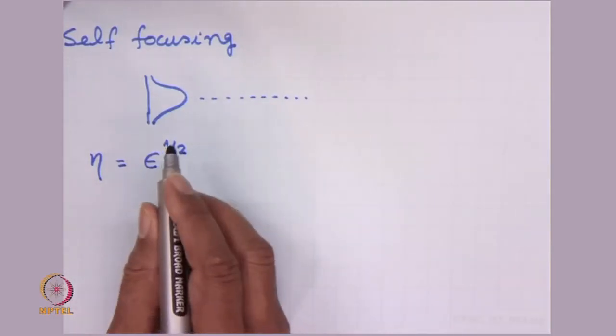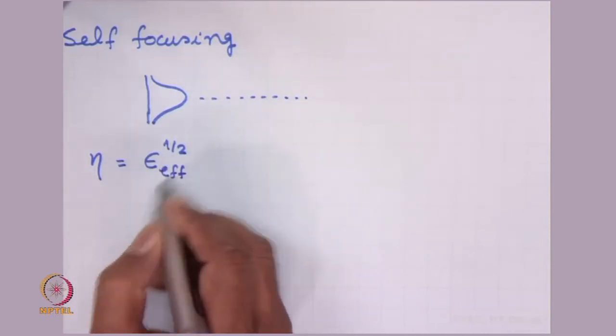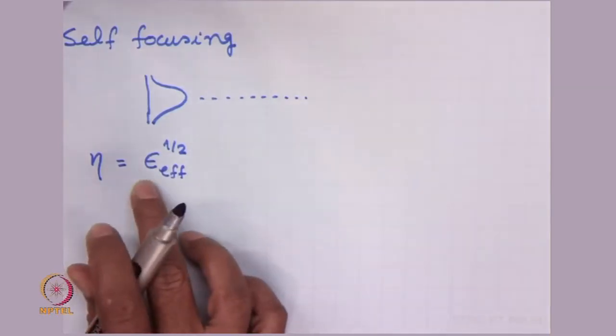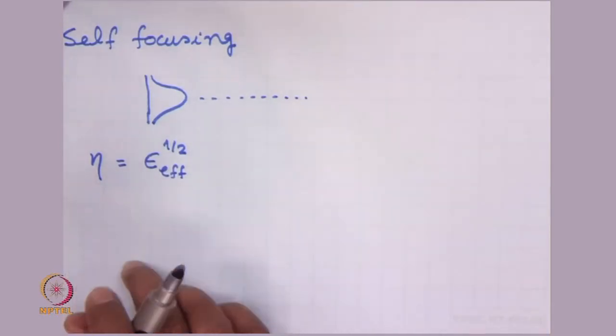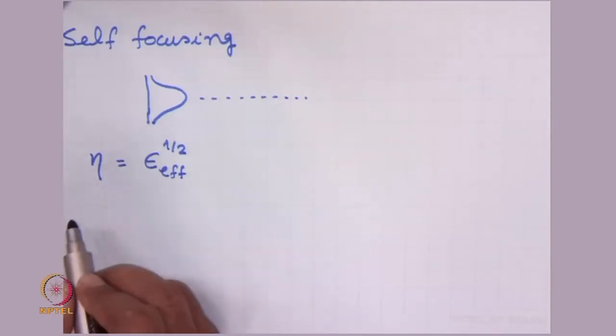Actually, I should use a symbol epsilon effective rather than epsilon, but it is implied, even if I do not use this subscript effective, that this is the effective relative plasma permittivity, and the refractive index of the medium is related to this quantity.